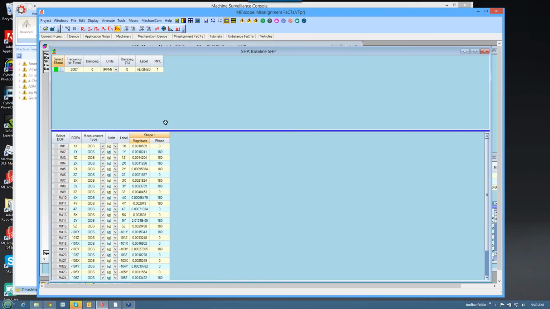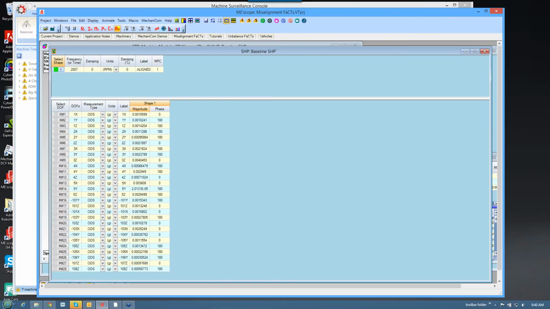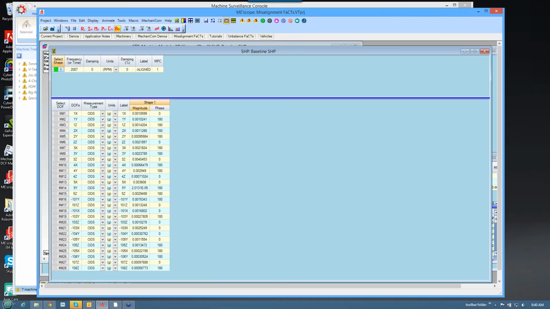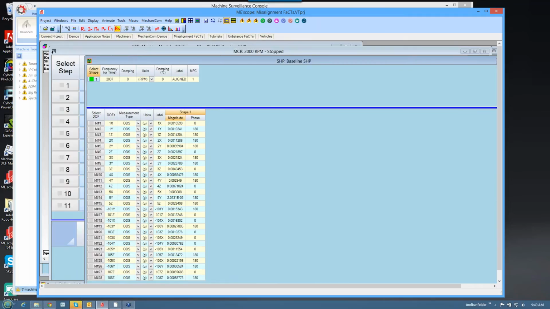Here's the aligned case at 2,000 RPM, and here's all of the ODS data from the machine, 28 degrees of freedom, and there's some numbers in there. So that's the data for the aligned case. You can see the label here says aligned. This is just some data sitting in here for the aligned case at the running speed. Let me put that away.